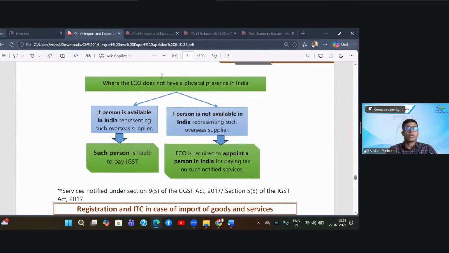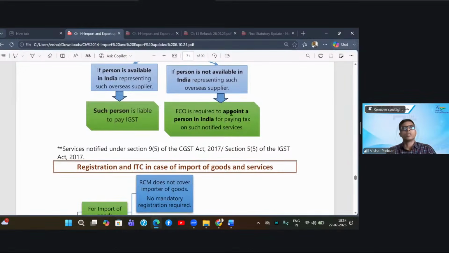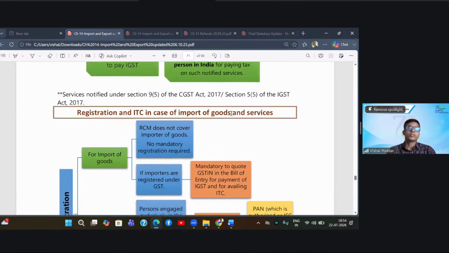Where the ECO does not have a physical presence, again, if a person is available in India representing the overseas ECO, then such person will be liable. If there is no person available in India representing the ECO, then the ECO is either required to appoint a person or it cannot provide the services.